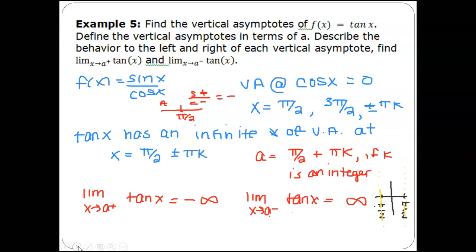To the left of pi halves, it's going to be a positive infinity. And to the right, it's at negative. So this is to the right, it's at negative. This is to the left, it's at positive. And that behavior is going to repeat infinitely like tangent does. And if you put tangent x on your graphing calculator, you would be able to see that a little bit more clearly than my drawing over here in a corner, which I ran out of room for.